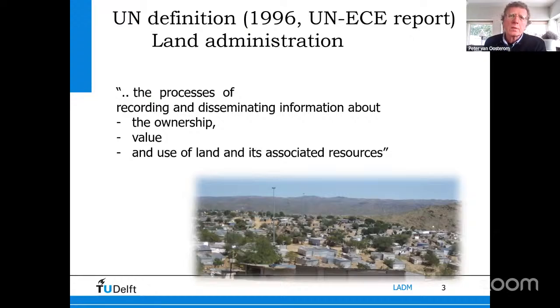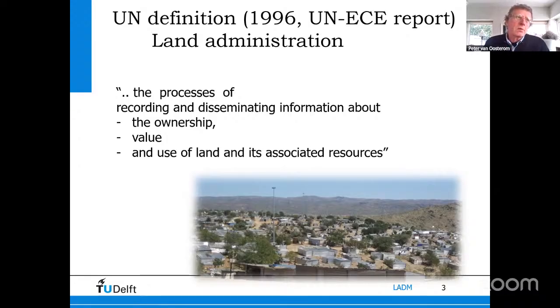Okay, what is land administration? There are several definitions, but this definition of the United Nations, already 30 years old, is quite good. It's a process of recording and disseminating information, so collecting information and sharing information about the ownership, the value, and the use of land and associated resources.